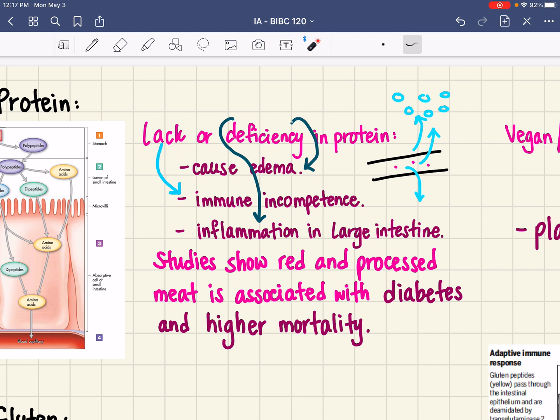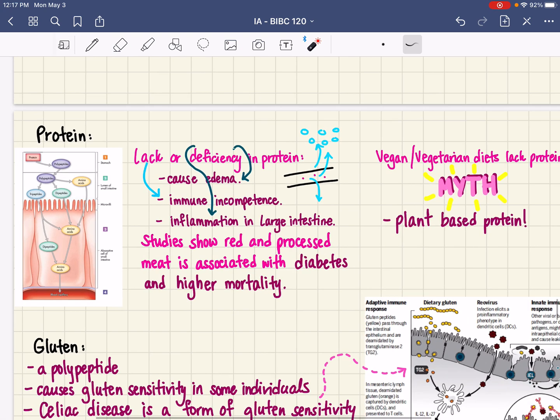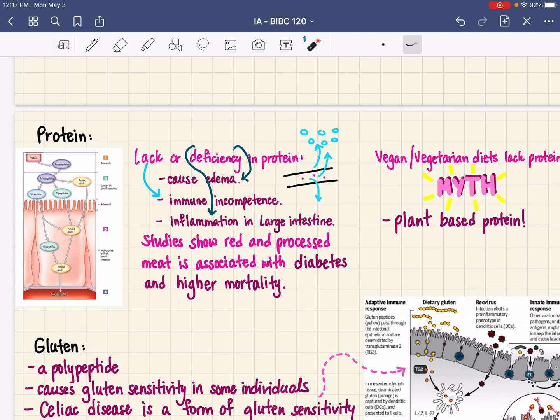However, on the other side of the scale, right, eating too much meat, and especially too much red and processed meat, is associated with various diseases, such as diabetes, and overall higher mortality. So definitely need to find a good balance between eating enough, right, within the recommended daily amount, and not over the recommended amount.